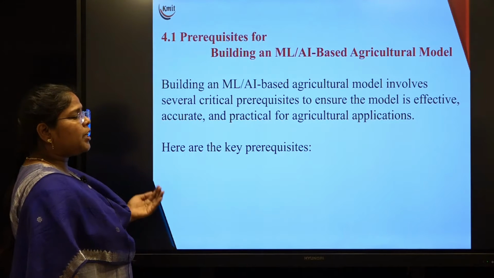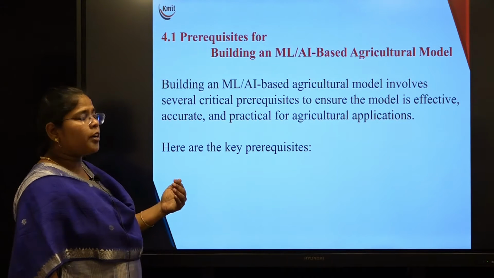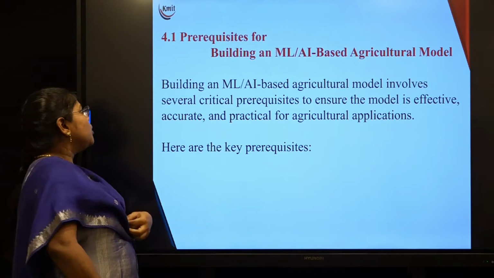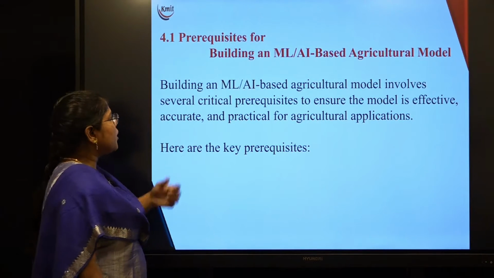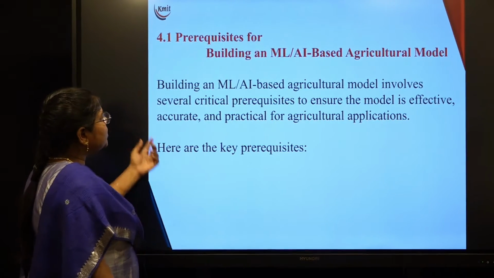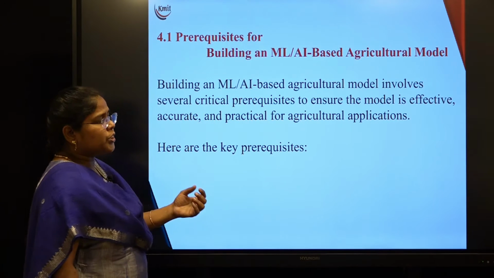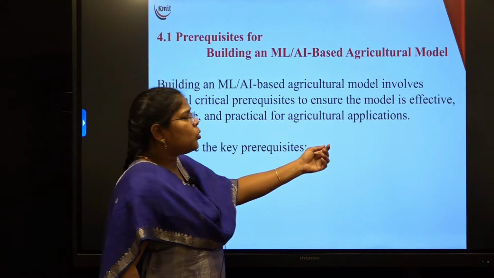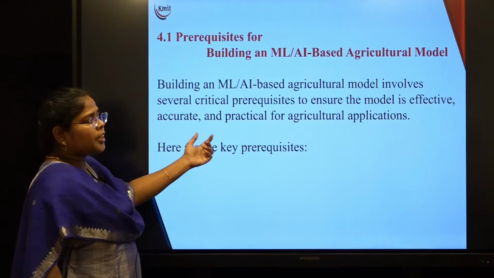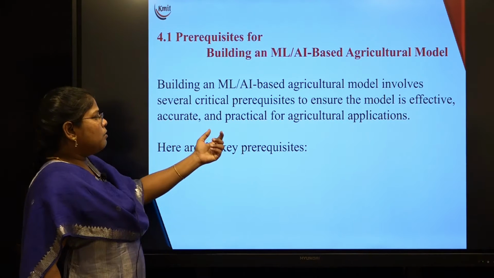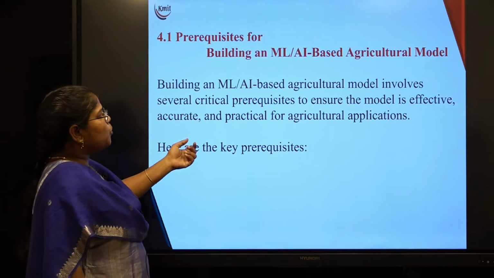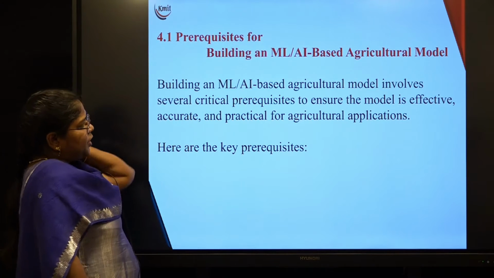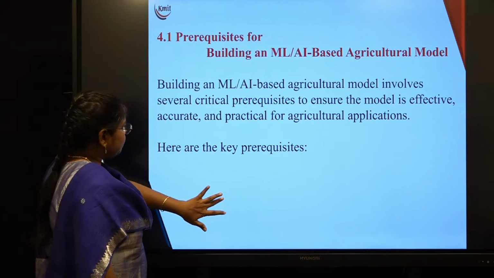So, we will be seeing building a model for agriculture. Building an ML or AI based agriculture model involves several critical prerequisites that ensure the most effective, accurate and practical applications that are used in designing the model for agriculture.